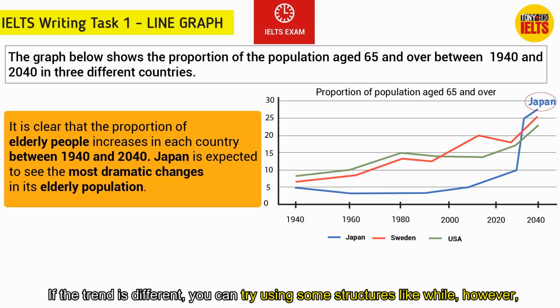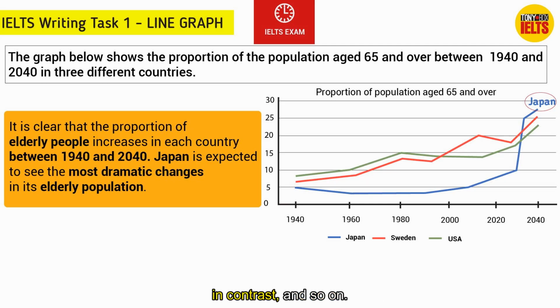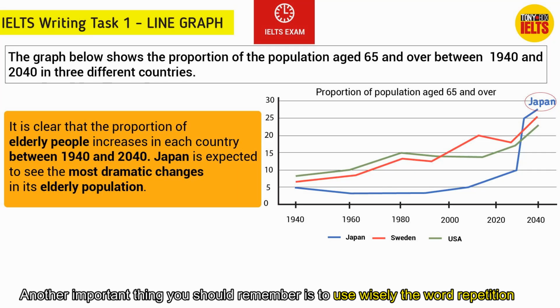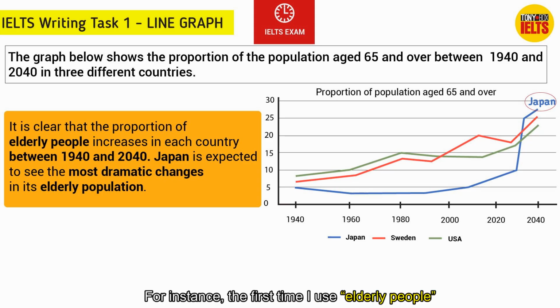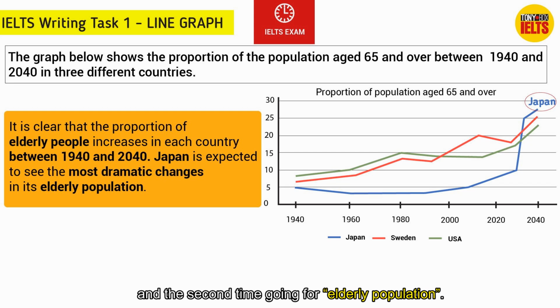If the trend is different, you can try using some structures like while, however, in contrast, and so on. Another important thing you should remember is to use word repetition wisely in your writing. For instance, the first time I use elderly people, and the second time I go for elderly population.